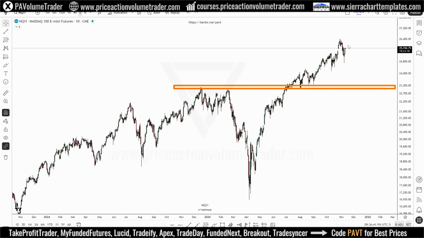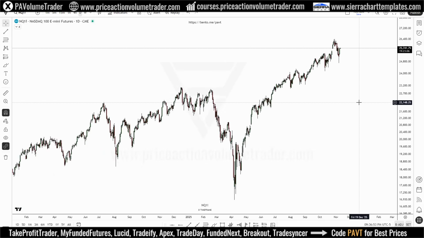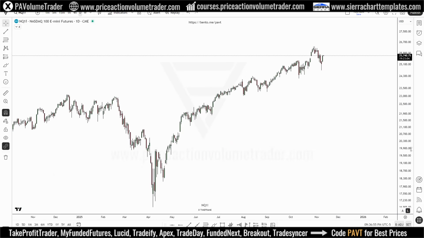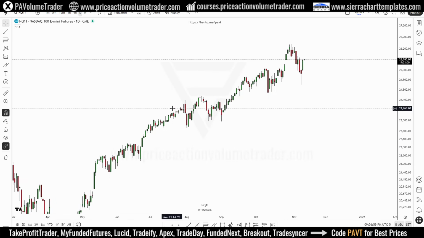For now, we are still too far away from this level, so I'm not really going to put a profile covering this whole area just yet, okay? So in this case, right now on ES and NASDAQ, I'm anchoring my profile.